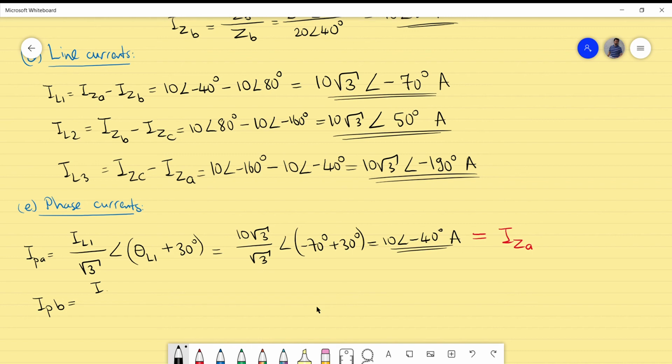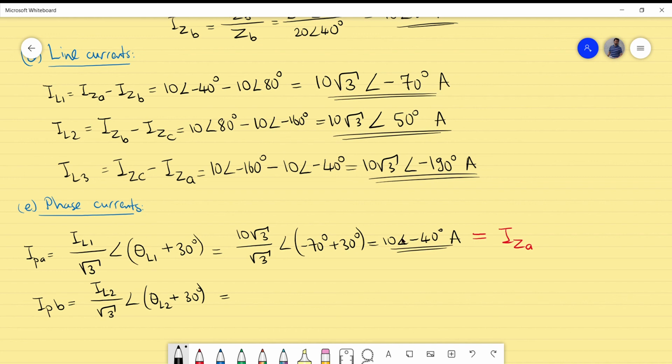for source B. So IP of B will be IL2 divided by square root of 3. And again, in the phase of theta L2 plus, again, 30 degrees. And I will look at the expression for the IL2, which is shown here. Again, the same amplitude, but the phase is 50 degrees.